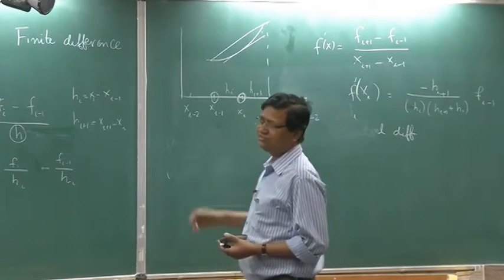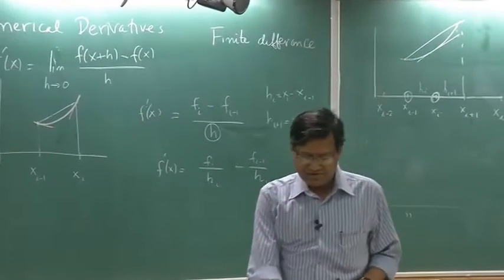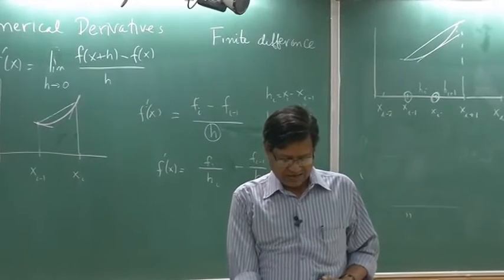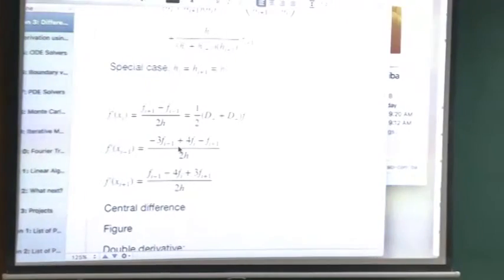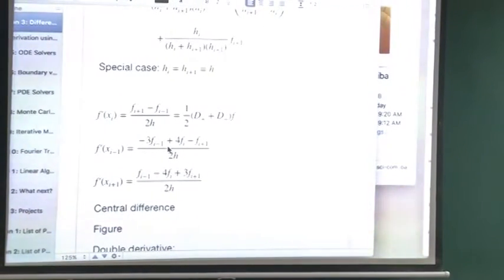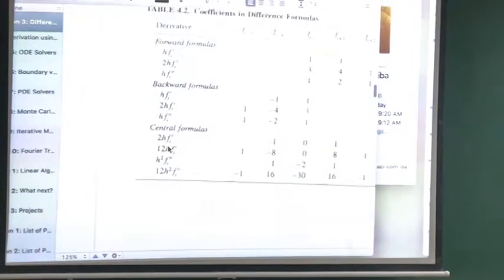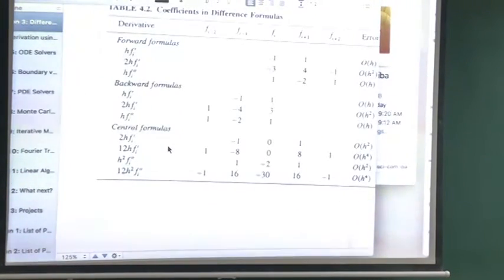So there is a forward difference, and the formula which I mentioned, this one, using the points ahead of you. The point where you are is minus 3, then 4 and minus 1, and divide by 2h. So I take this 2h to here and give you the coefficients. The coefficients are minus 3, 4, minus 1.